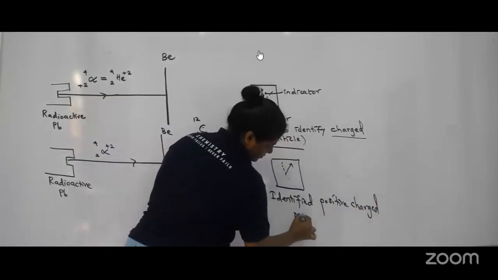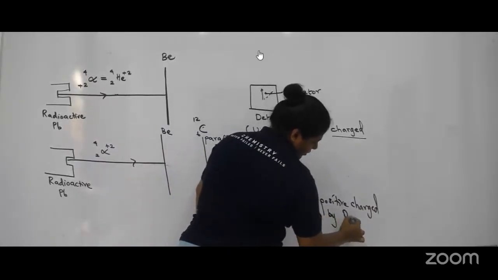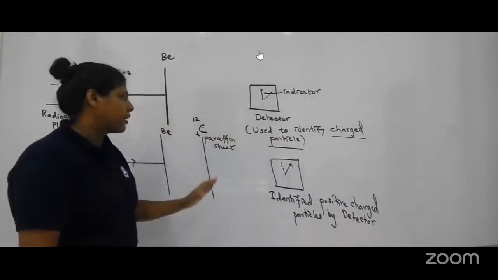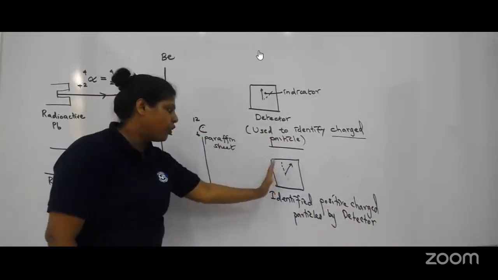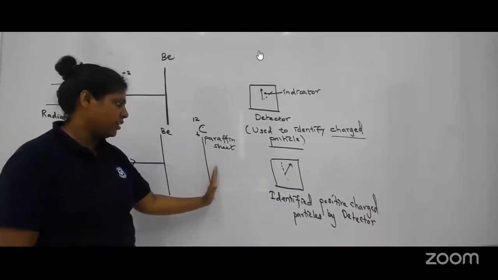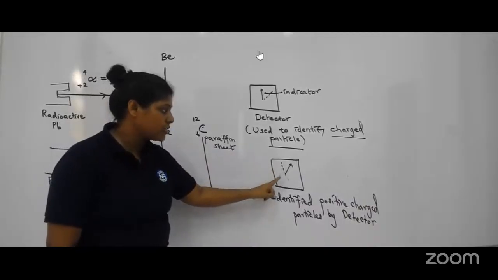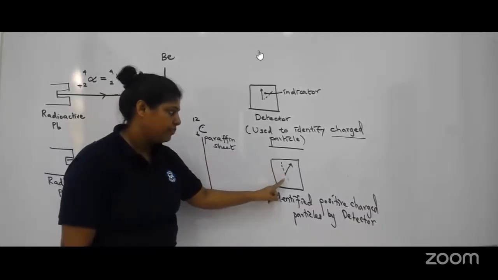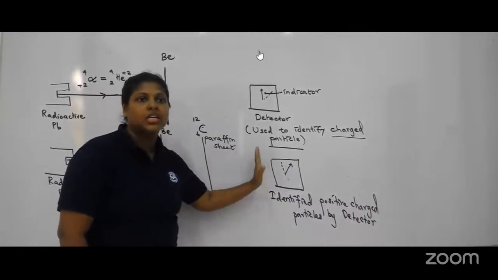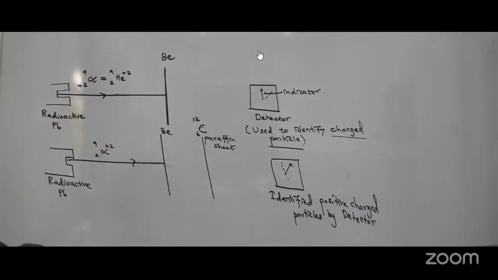So after keeping the paraffin sheet before the detector and after the beryllium sheet, now the detector identifies positive charged particles released from the carbon-612 isotope.